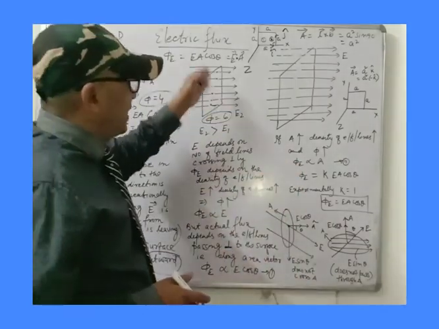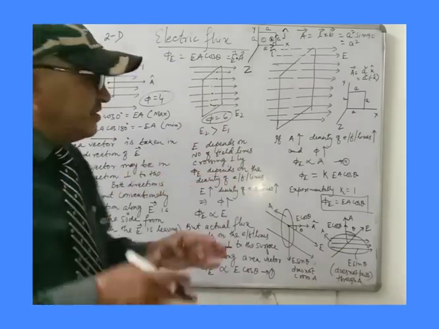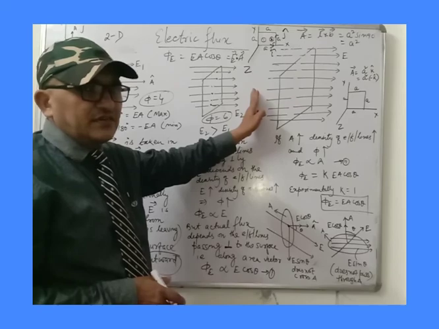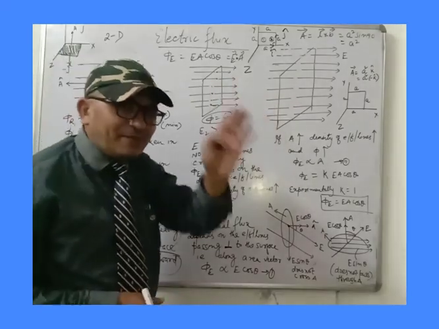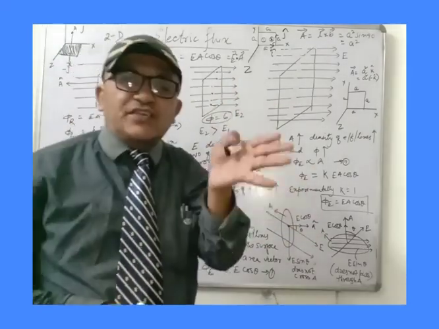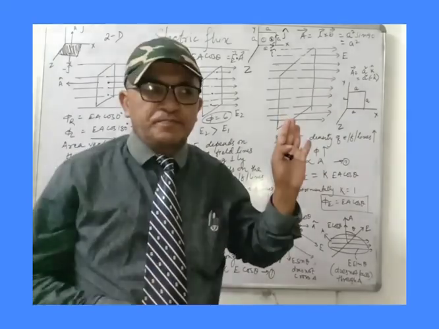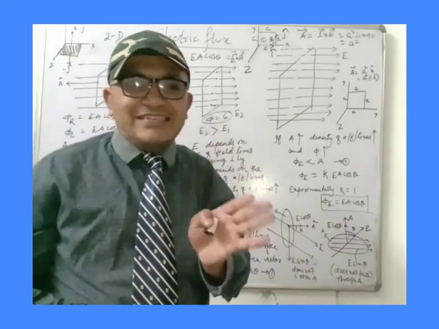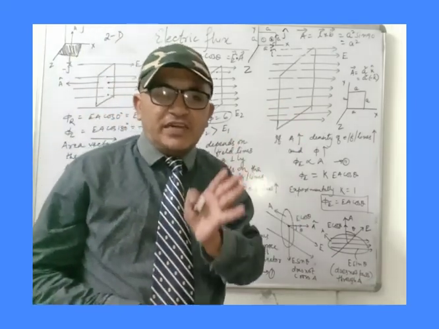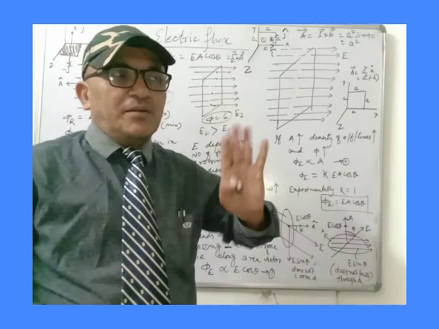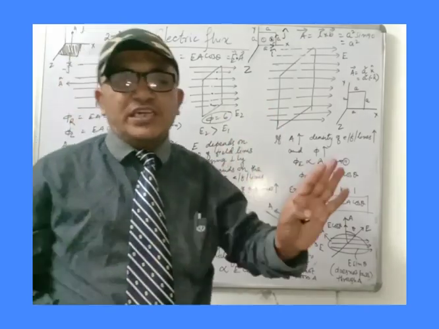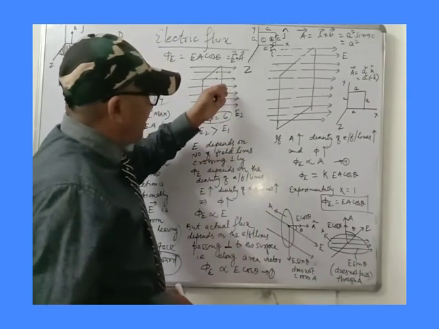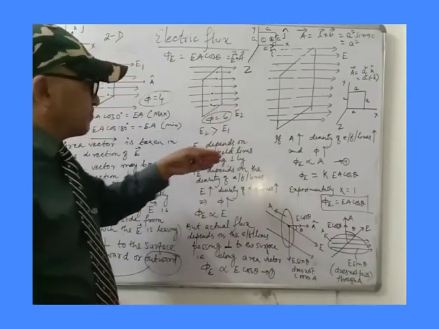Wherever there are more field lines, crowded, there will be a stronger electric field. So electric field depends on the density of electric field lines, my dear students. Density of electric field lines means the number of field lines crossing through unit area. So the more the density of electric field lines, the more the electric field.